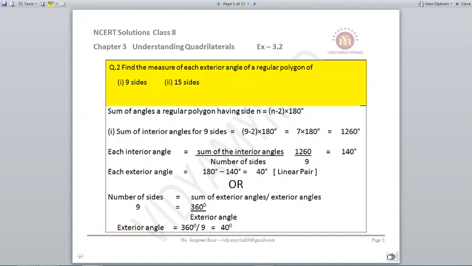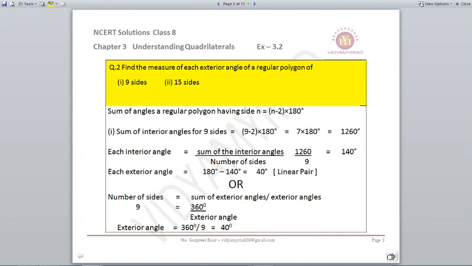So for 9 sides, the sum of the angles will be equal to 1260 degrees. This is the total of the interior angles. I know the number of sides with me, that is 9. So if I divide 1260 by 9, I get each interior angle as 140 degrees.